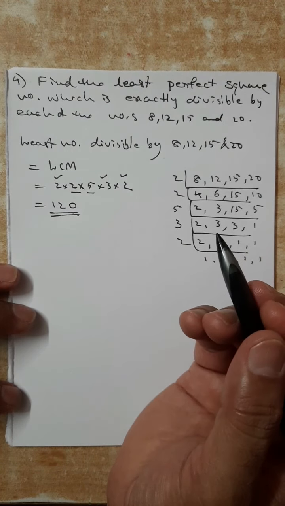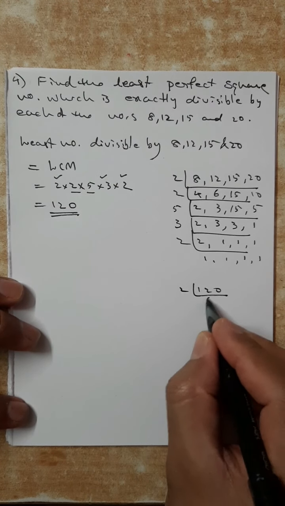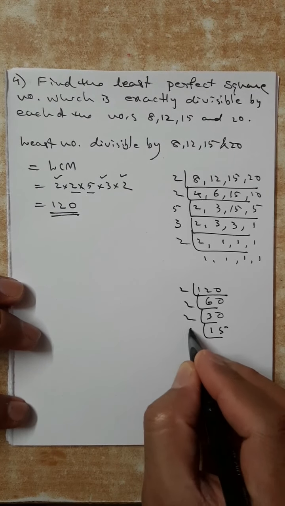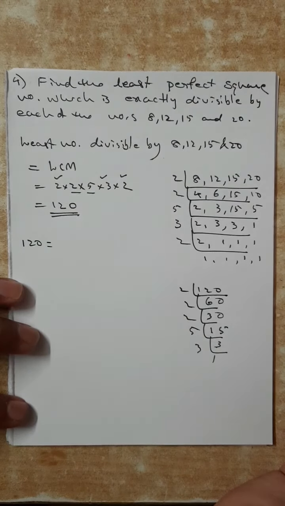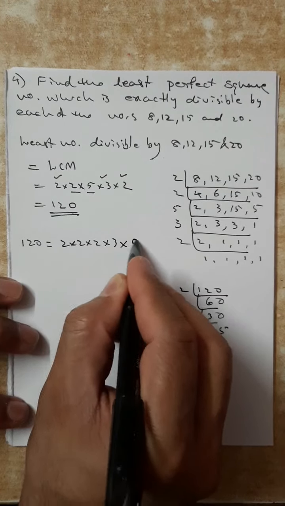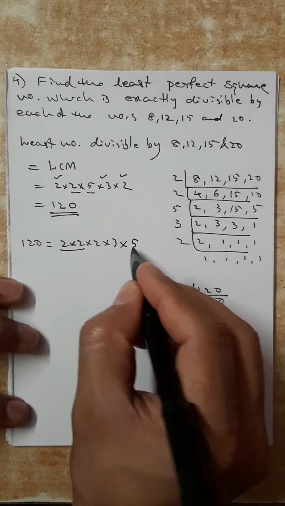Now you know what to do. 120 is the same as 2 into 2 into 2 into 3 into 5. One group, perfectly alright. Now 2 is alone, 3 is alone, 5 is alone.